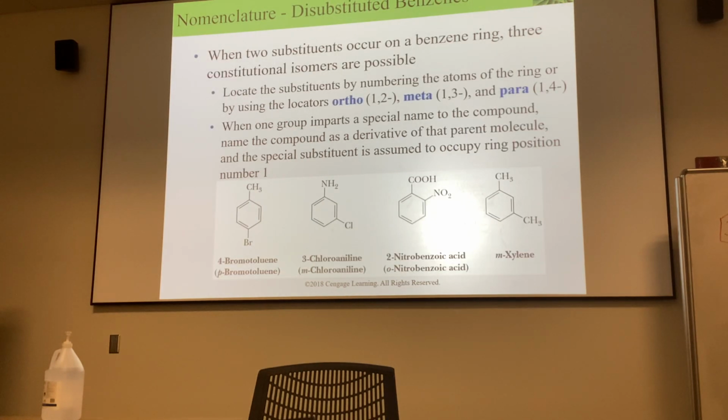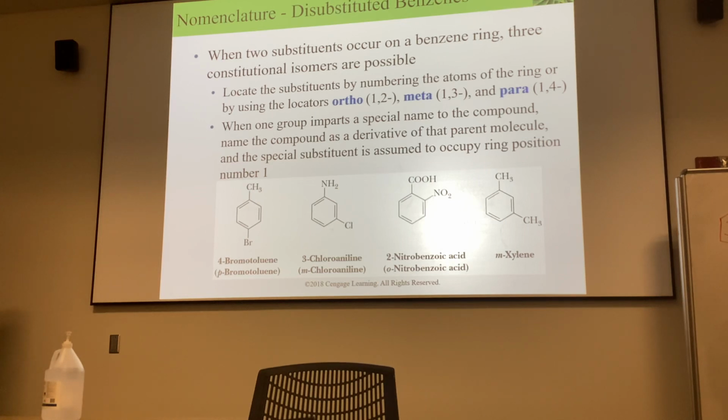The thing I want you to know is ortho, meta, para. This is going to be useful. When we have functional groups on the benzene, the name that we would call it, except for things that have their grandfathered-in names, toluene, aniline, benzoic acid, xylene, literally all of the ones that they're showing us here, I guess.